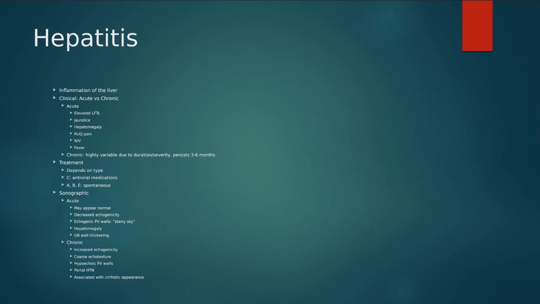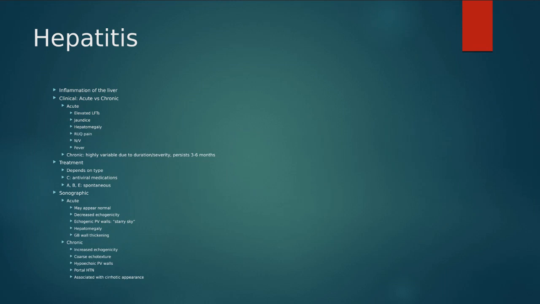This all depends on the root cause. So did we get this from blood transmission? Did we get this from food? Did we get it from water? Did we get it from an animal? Did we get it from some type of metallic exposure, right? So there's a bunch of different ways that we can contract hepatitis, and the way that we contract it is the way that we categorize it.